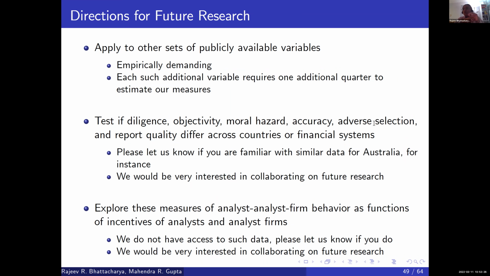For instance, for every ij, we require at least 8 data points. So we require at least 2 years of data in order for ij to be able to measure all these important variables. So empirically demanding. And each additional variable you add on to it will require 1 additional quarter to estimate our measures.